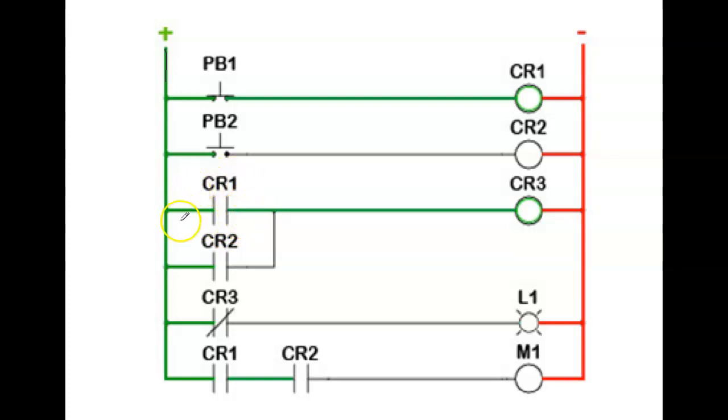Now these control relay contacts here are going to change states based on the conditions of these coils right here. But they're just like switches. They have a normally open, and they have a normally closed.